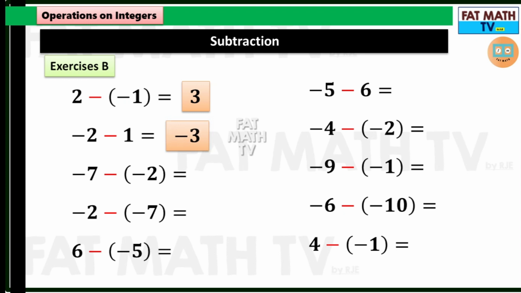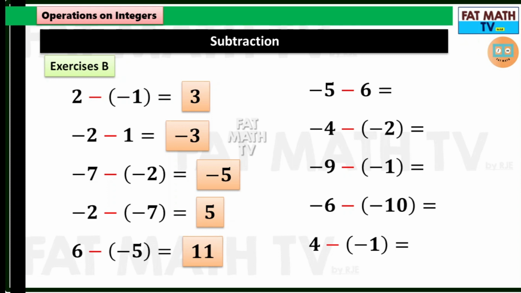That's negative 3. Negative 7 minus negative 2 is going to be negative 7 plus positive 2. That's negative 5. Negative 2 minus negative 7 is going to be negative 2 plus positive 7. That is positive 5. 6 minus negative 5 is going to be 6 plus 5. That is 11.